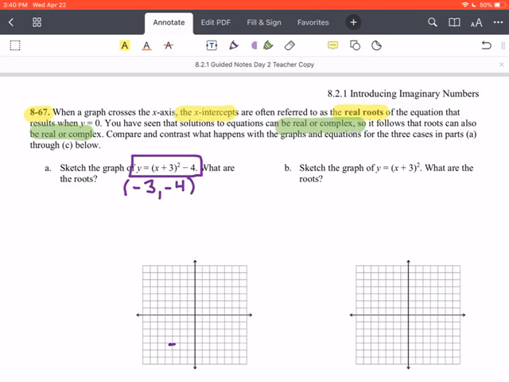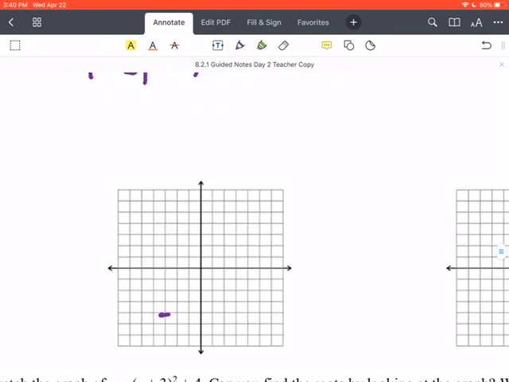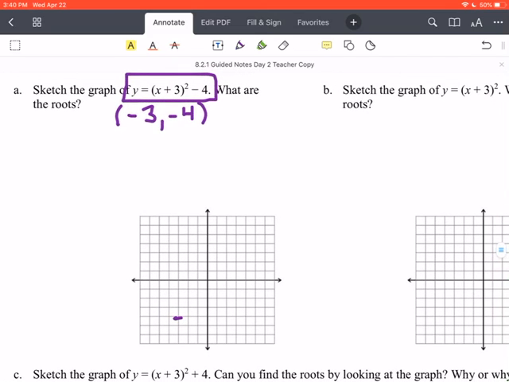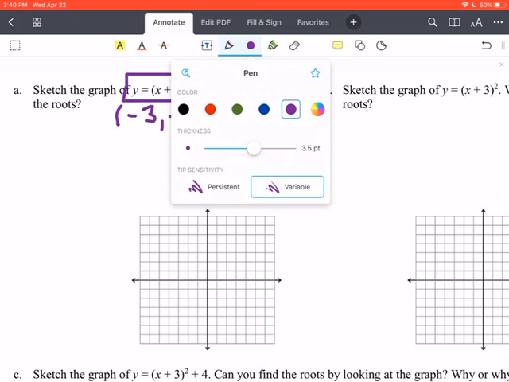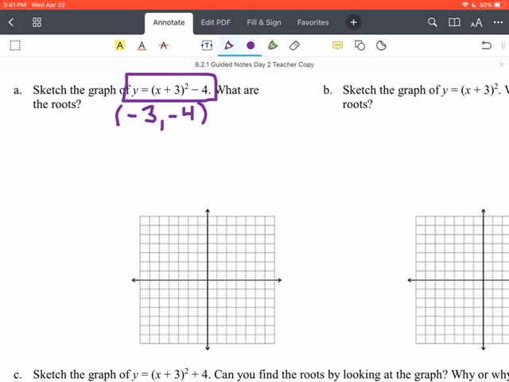Sorry, I'm going to have to enlarge this screen. Okay, there we go. Let me erase. Let's try this again. I'll make my pen a little thicker. 2, 3. Okay, so we have our vertex there. Then we can go out 1, up 1. And then we can go out 2, up 1, 2, 3, 4. And we can make our parabola.